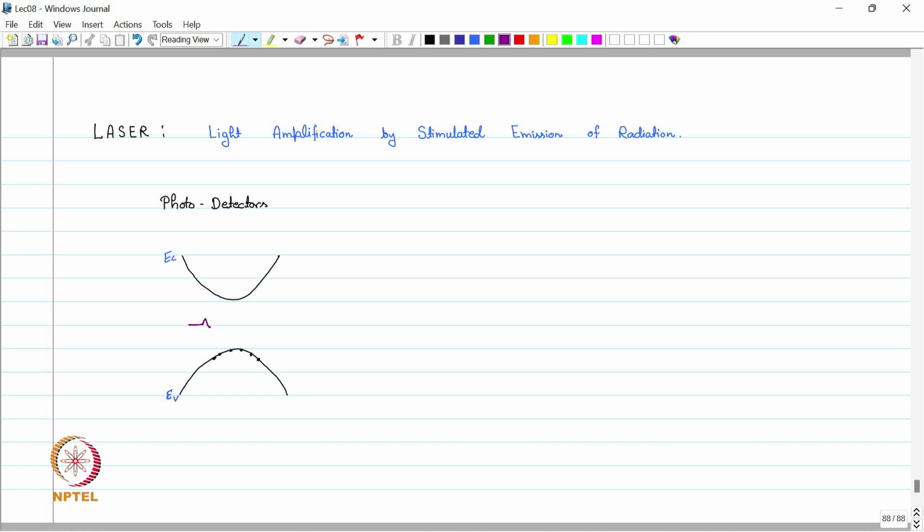A photon comes in, h nu, and it excites an electron from the valence band to the conduction band. So this is what happens in photodetectors.